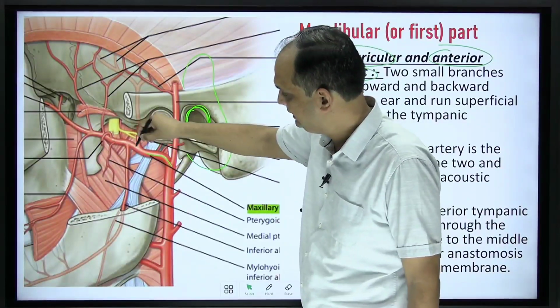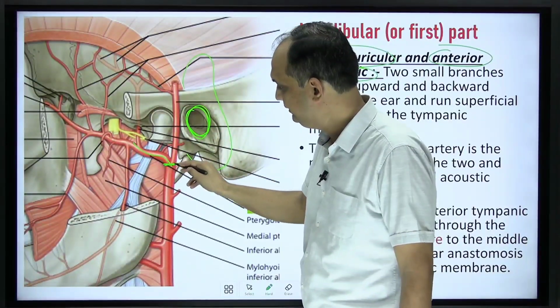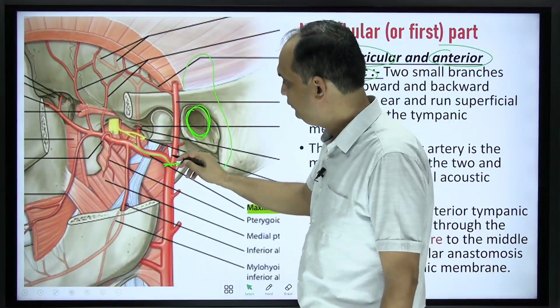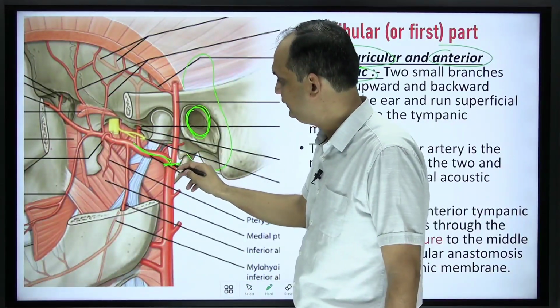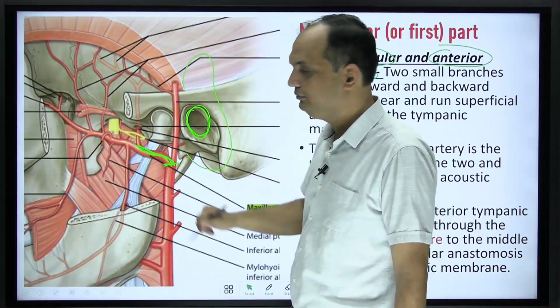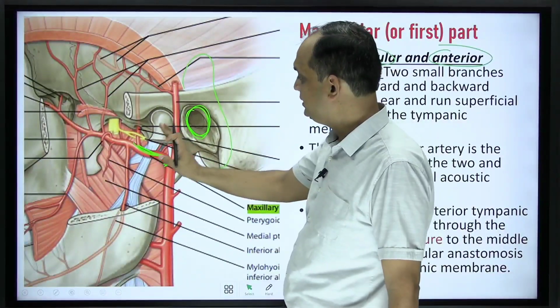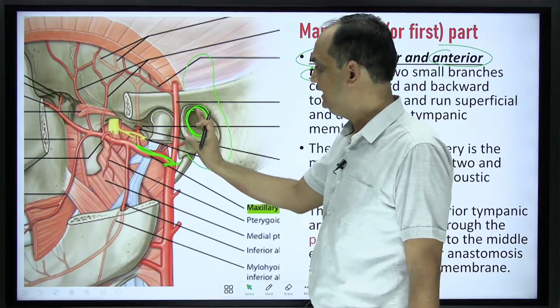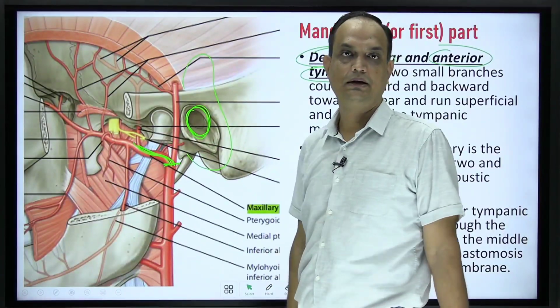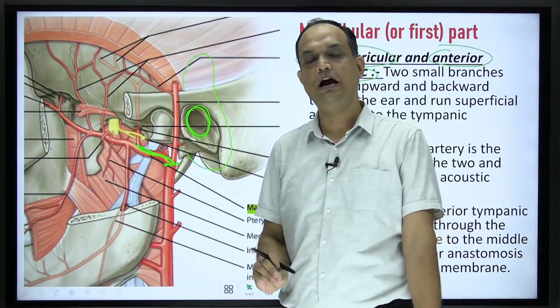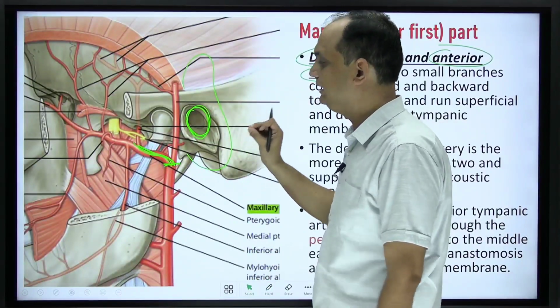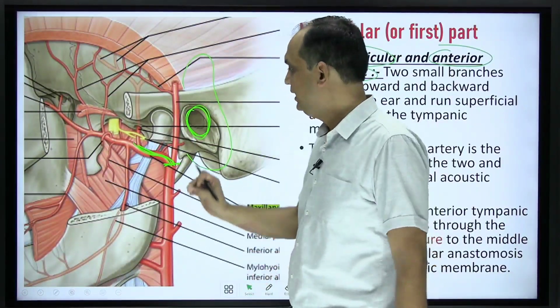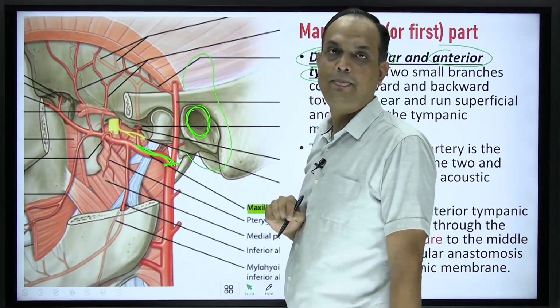This is the maxillary artery, arising at this level from the external carotid. From the first part, the branches will go posteriorly to supply the ear, because the ear is behind the artery. So this is the first concept to keep in mind: whenever an artery is supplying the ear, it has to go posteriorly.